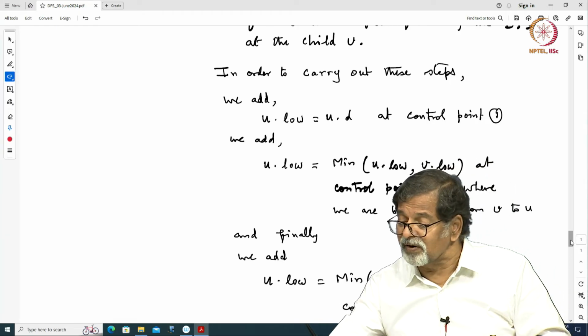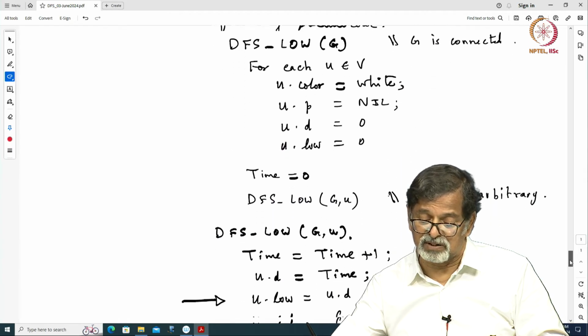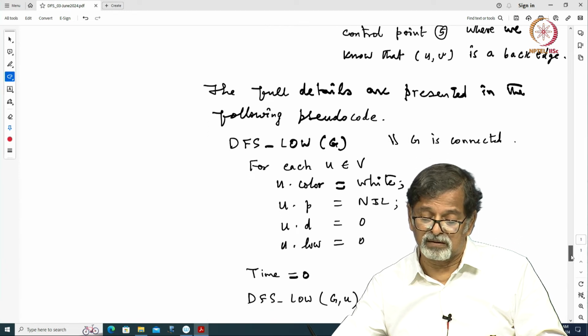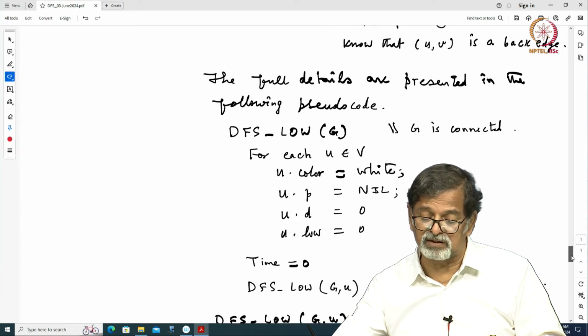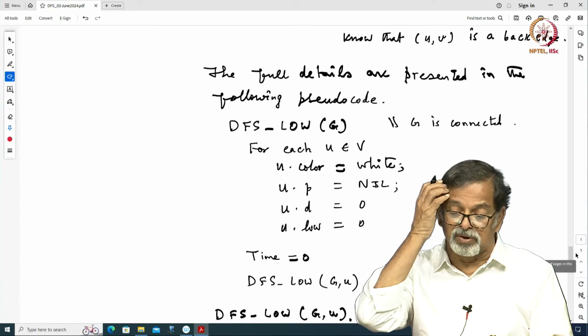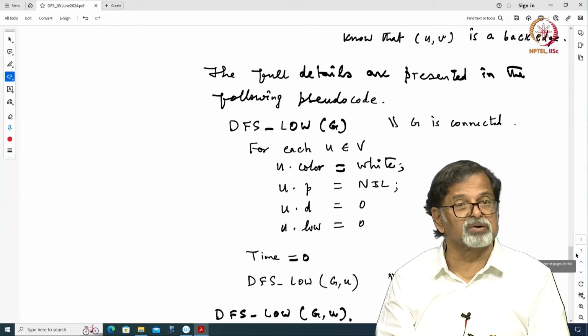Okay. But finding the low of every vertex, you can see here is the DFS low of G. For each vertex u, u dot color is white, u dot p is nil, u dot d is 0, u dot low is 0.